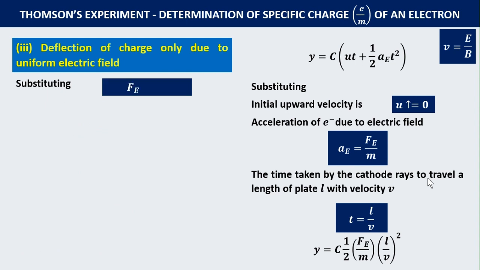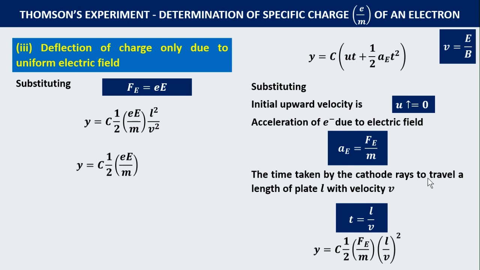Substituting the electric force equals eE, where small e is the charge of the electron and capital E is the electric field intensity, y equals c times 1 by 2 e by m multiplied by L square by v square.